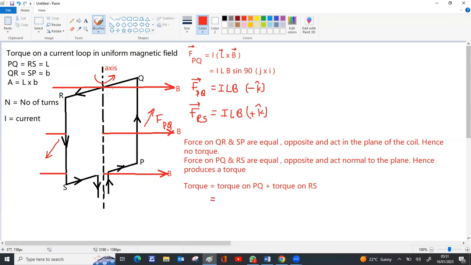From the axis, the distance to PQ is b by 2, half of the QR. Again, the distance from axis to RS is b by 2. So r F sin theta, r is b by 2. Then force is ILB. Then sin phi. Plus RS also, the length from the axis to that point is b by 2. Force is ILB. Then again sin phi, where phi is the angle between the area vector and magnetic field.